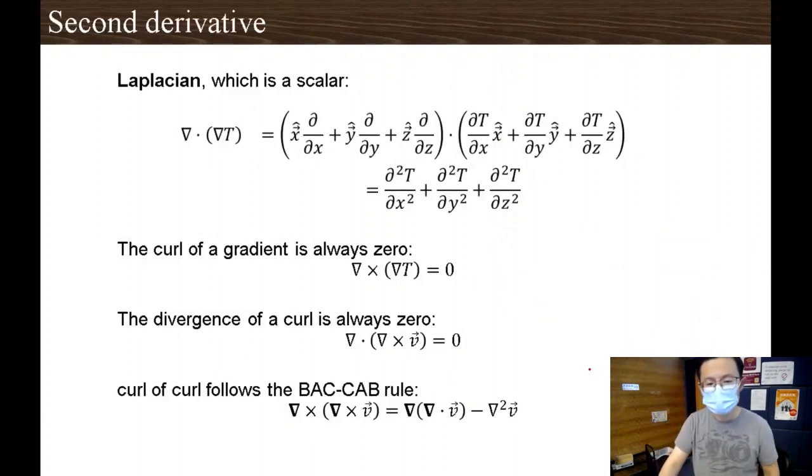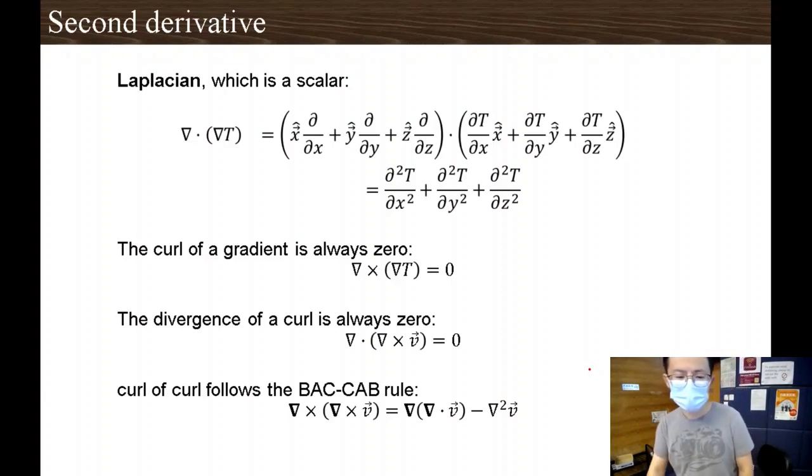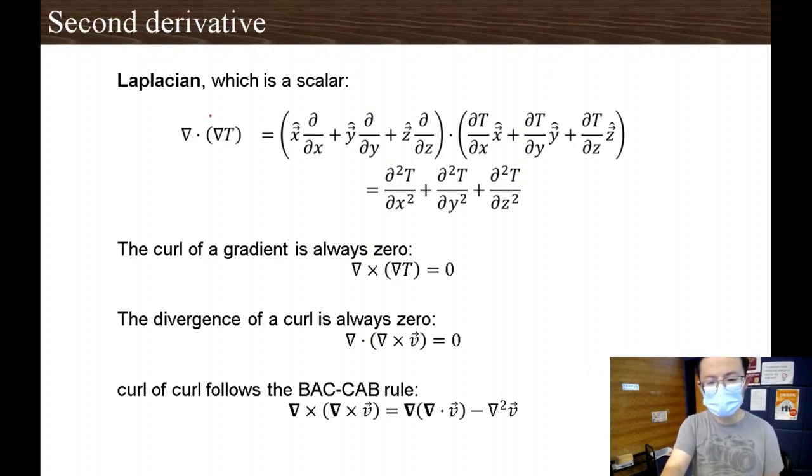Okay, so now let's take a look at the second derivative. What happens if we apply the del operator twice? There are many ways of applying the del operator, right? Say if you take the gradient and then take the divergence, that's one way.